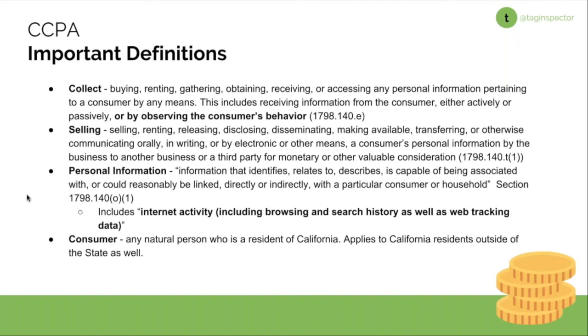So again, any tags or data collection that you're doing on the website is going to fall under that personal information, because we are observing consumers' behavior. We're assigning unique identifiers pretty much uniformly across all platforms, and all that's covered here.